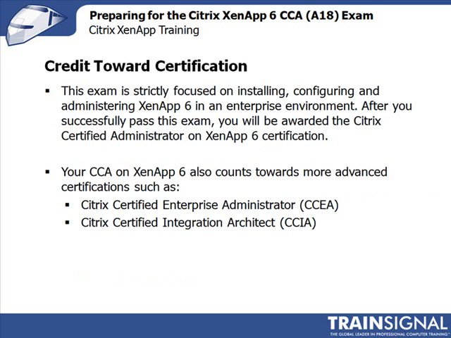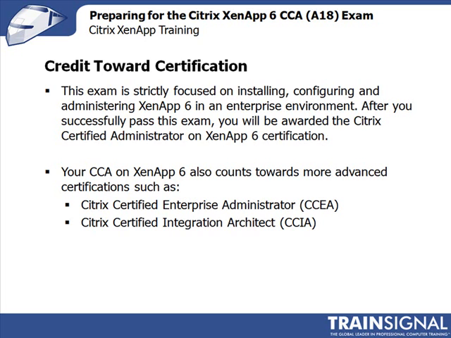Credit towards certification. You should always check around credit. You might be eligible to earn credit by passing the XenApp 6 exam towards other things. And it's obvious that after you successfully pass the XenApp 6 exam, you will be awarded the Citrix Certified Administrator on XenApp 6 certification.